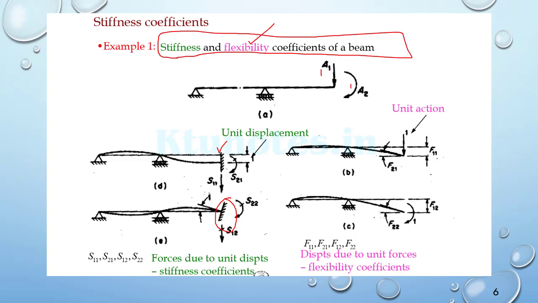The corresponding F11, F21, F12 and F22 are written for the flexibility coefficients by applying the unit force at points 1 and 2 separately, and the stiffness coefficients are done for case 1 and case 2 by giving the unit displacement as well as the unit rotation for the separate cases and getting the stiffness coefficients.